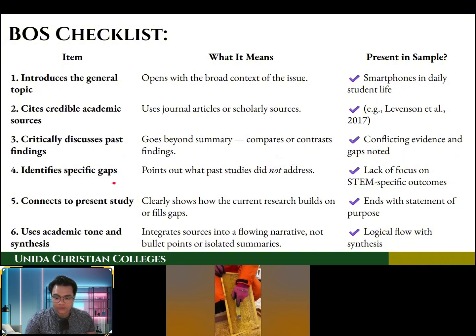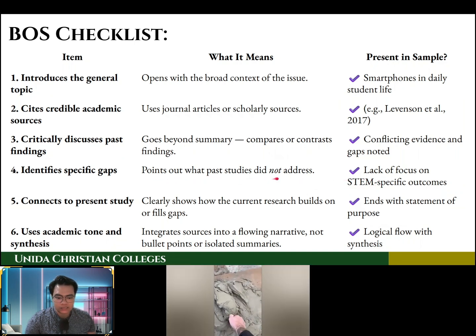Next, it identifies specific gaps. So, it points out what past studies did not address. Okay? So, some past studies, because no study is going to look at 100% of a population or 100% of a problem, because that will take too much time. And many studies, because they are done in an academic setting, they have a limited time span.